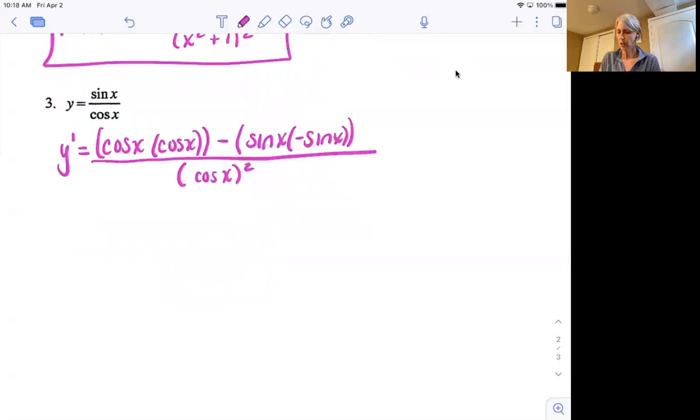Cosine x times cosine x is simply cosine x squared, which we write as cosine squared x. Minus a minus.